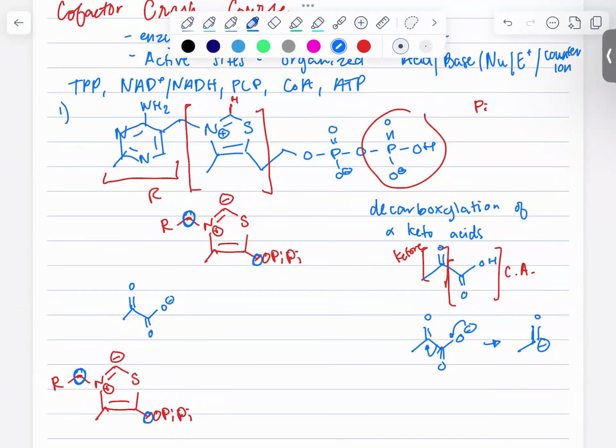We have this nucleophilic site on our TPP, this negative charge on our TPP, that we can attack the electrophilic part of our carbonyl. Let me draw this.